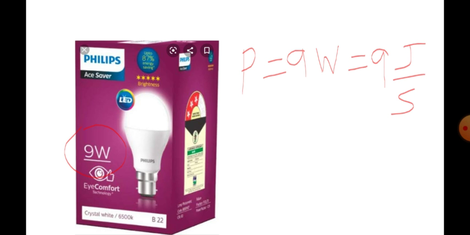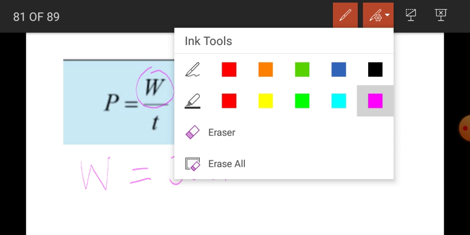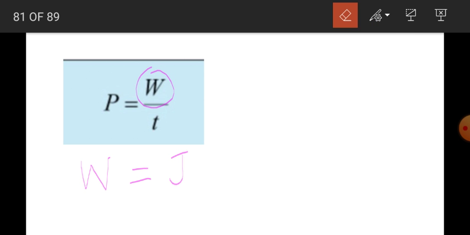So each and every device has its power rating. Now there is a relationship between power and energy. Using this formula we can understand it. P is power, let me write the unit here, watt, and W is joule, let me write J only, it's understood.